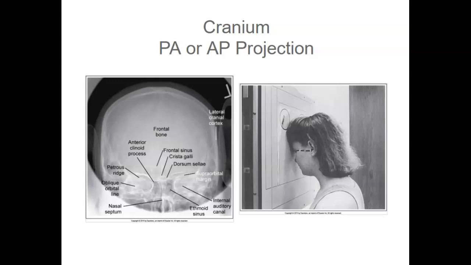In regards to positioning, we want to tuck the chin towards the chest until the OML is aligned perpendicular to the IR. You also want to center your central ray perpendicular to exit the glabella.